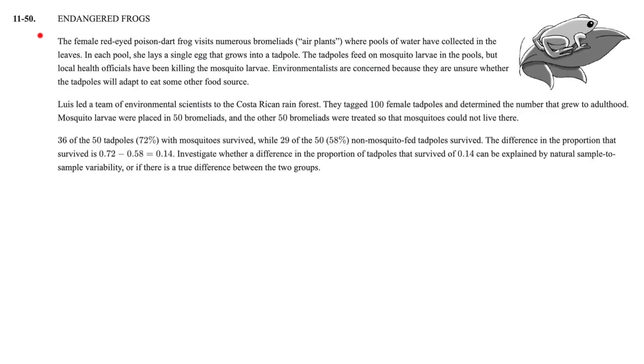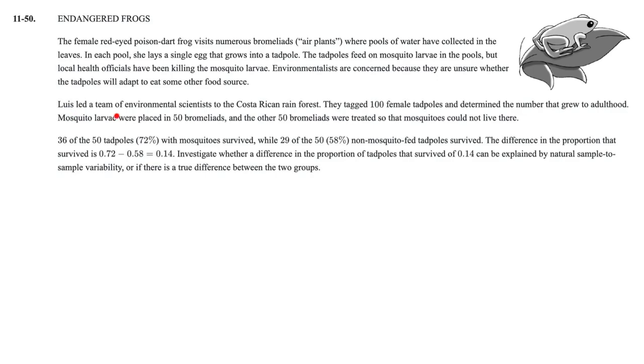All right, here's our story problem. Problem 11-50. The female red-eyed poison dart frog visits numerous bromeliads, which are just air plants, where pools of water have collected in the leaves. In each pool, she lays a single egg that grows into a tadpole. The tadpoles feed on mosquito larvae in the pools, but local health officials have been killing the mosquito larvae, and environmentalists are concerned because they are unsure whether the tadpoles will adapt to eat another food source.